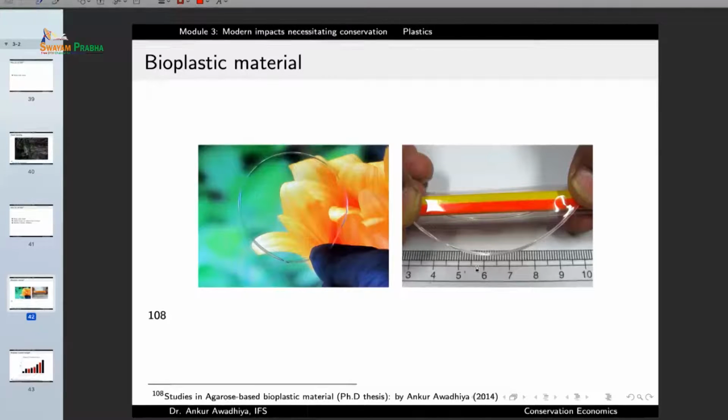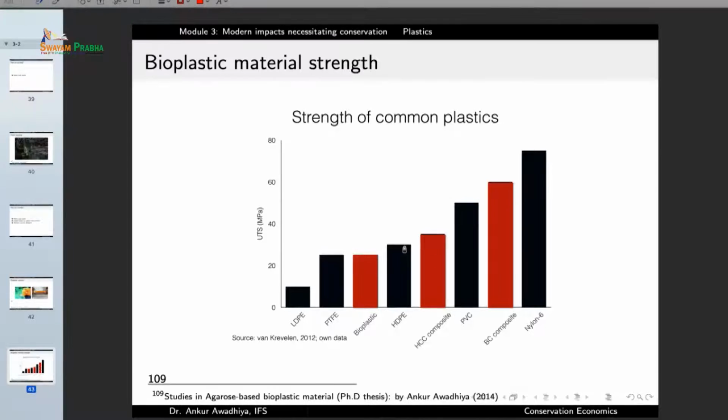It is flexible. You can mold it, you can bend it, and the strength of these bioplastics is similar to or greater than the strength of the common plastics, such as the low density polyethylene, or if we go for a bacterial cellulose composite of this plastic, it is even greater than that of the high density polyethylene.